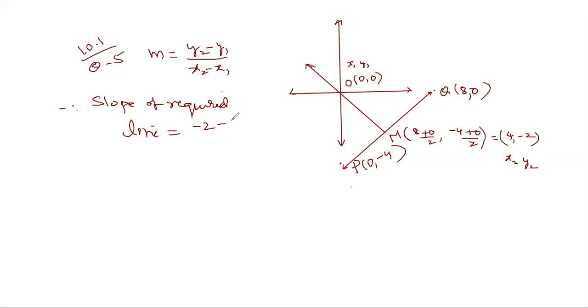So minus 2 minus 0 over 4 minus 0, so minus 2 by 4, that is equal to minus 1 by 2. The slope of this line is minus 1 by 2.